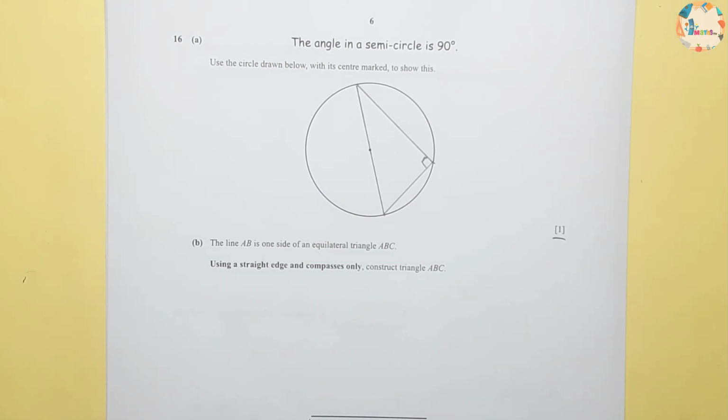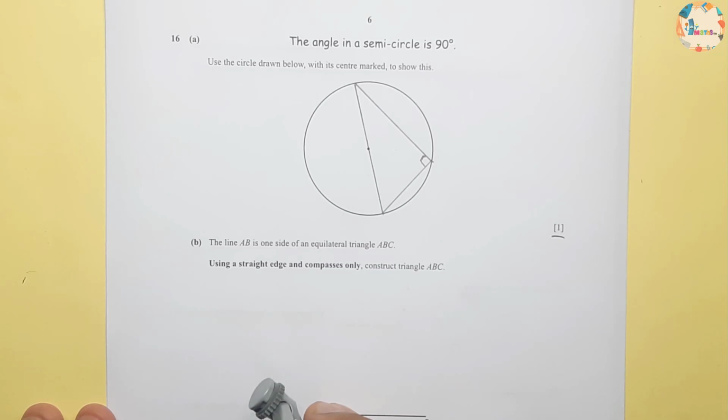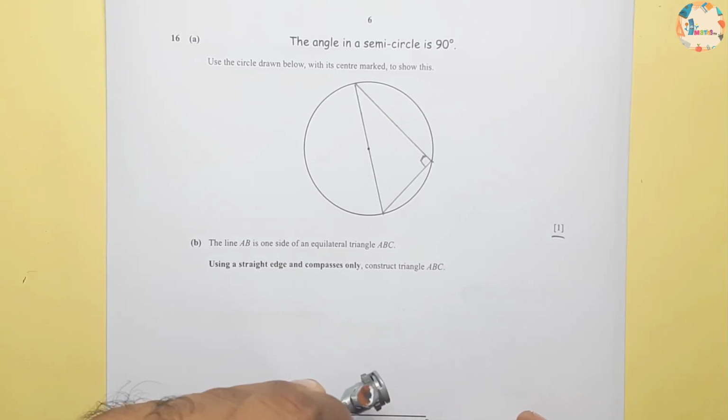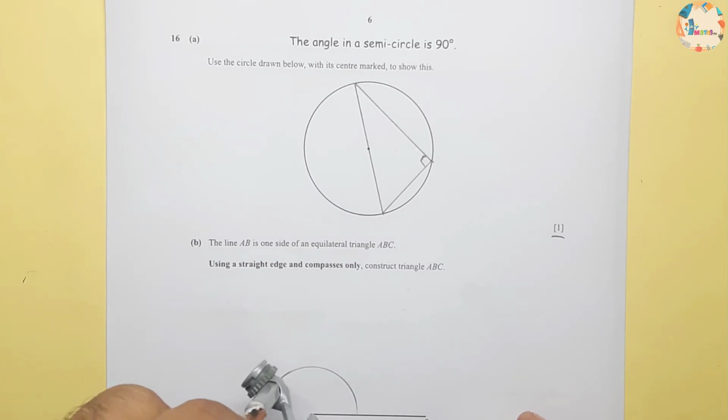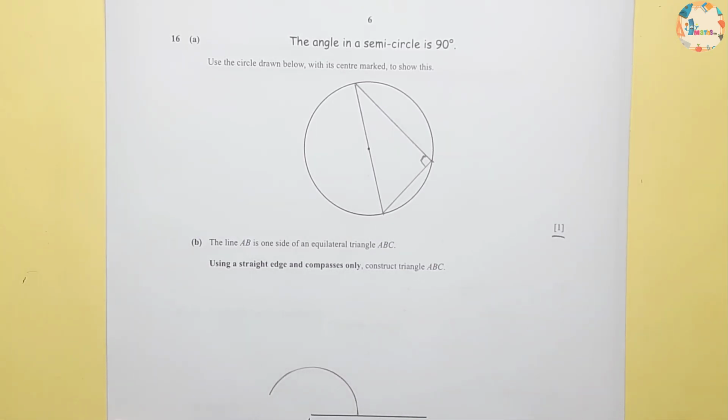We'll be using a compass and straight edge, basically drawing a 60 degree angle. How we'll draw: we can open the compass like this and make an arc from this point to this point, and keep the compass as it is.